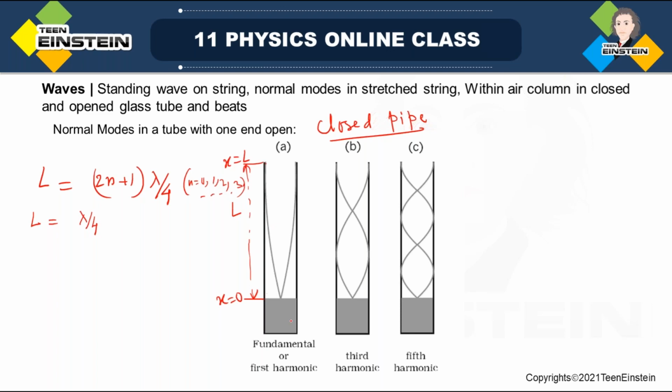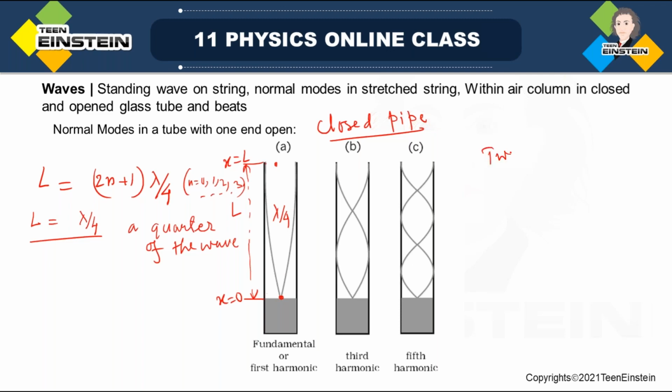Look here in the figure. This is actually the fundamental mode, or first harmonic, where you will see within this length of the air column only a quarter of the wave. See, this is a node and this is an antinode. The distance between a node and an antinode is lambda by 4.